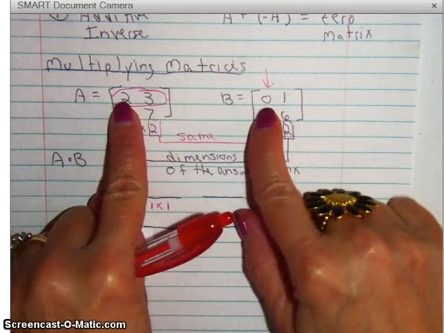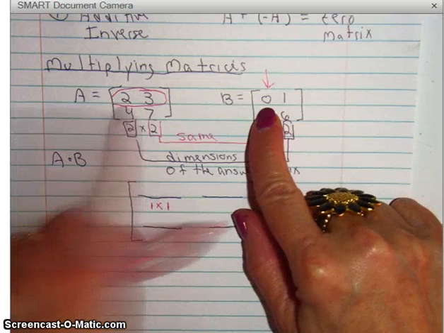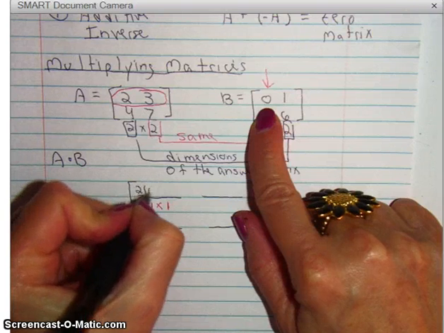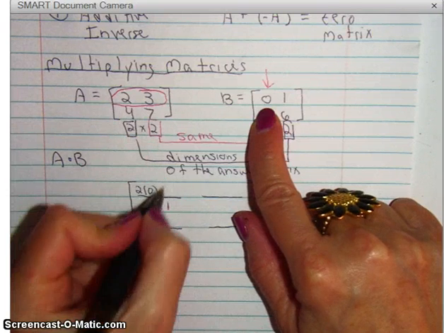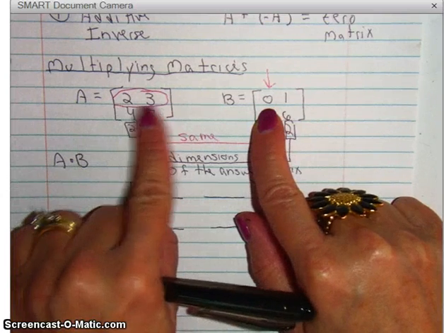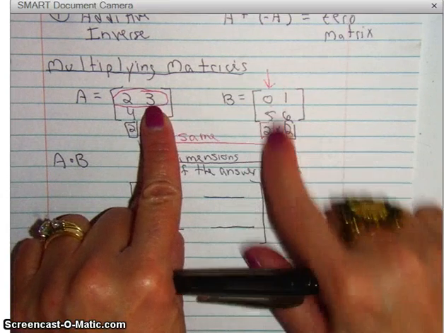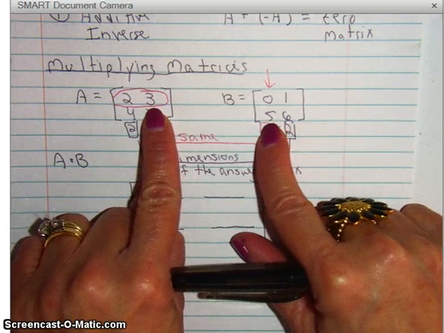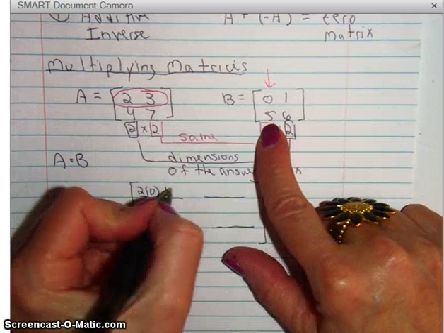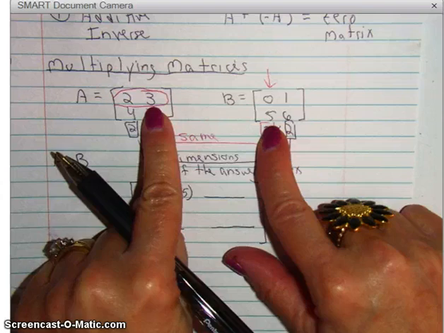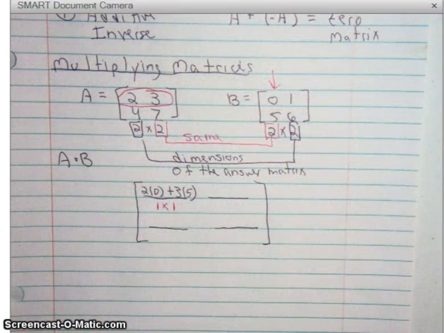We're going to do first number times first number, which is 2 times 0. Put a plus. We're going to go across A. We're going to go down B. So now I'm going to take second number 3 times second number 5. And we are done.